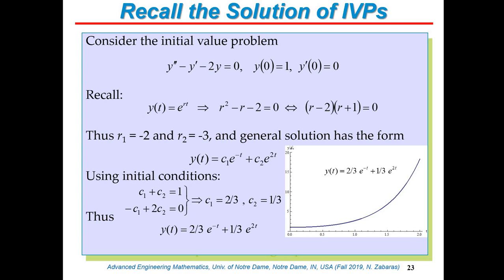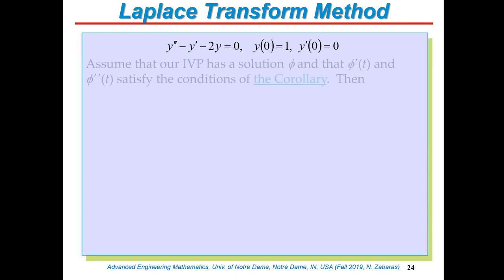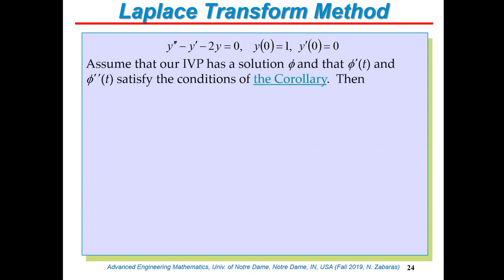Now, if you try to do this with the Laplace transform, you would start by taking the Laplace transform of the differential equation. So we have the Laplace transform of y double prime, minus the Laplace transform of the first derivative, minus 2 times the Laplace transform of y.